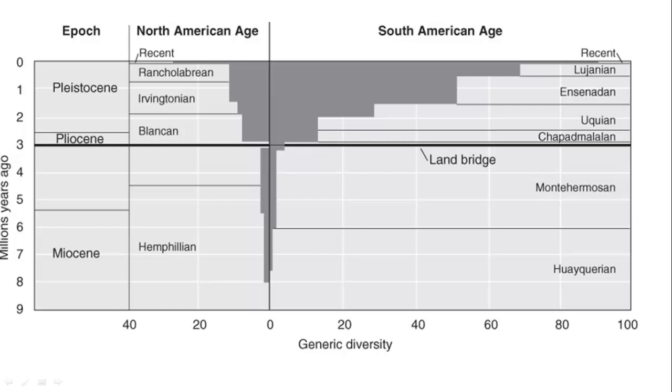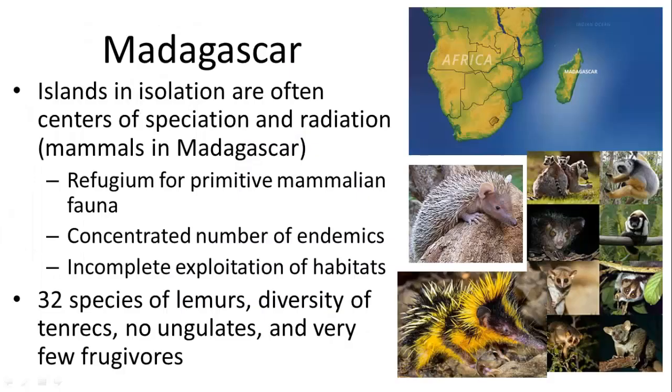Okay, so a couple other interesting phenomena regarding mammalian zoogeography is the curious case of Madagascar. This is an island which has been in isolation for a very long time off the coast of southern Africa.